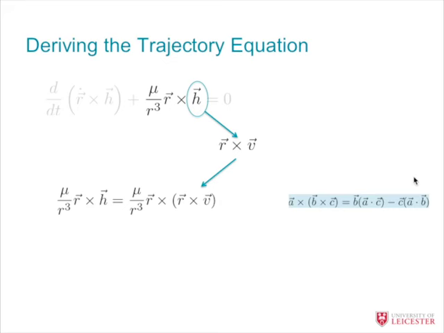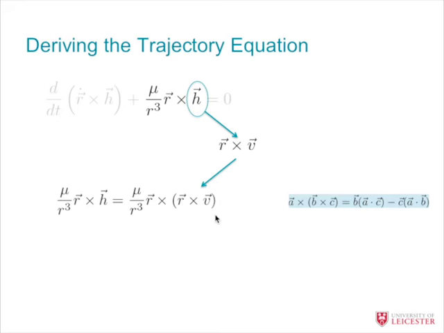That's the vector identity which relates the scalar back cab terms to the vector triple product. And so in this case, r is going to take the place of a, the second r takes the place of b, and the velocity v takes the place of c.